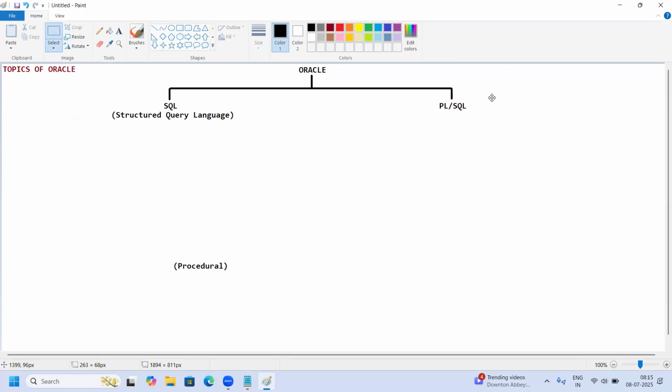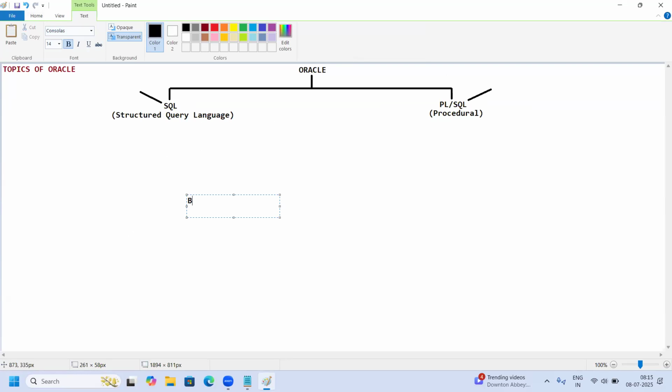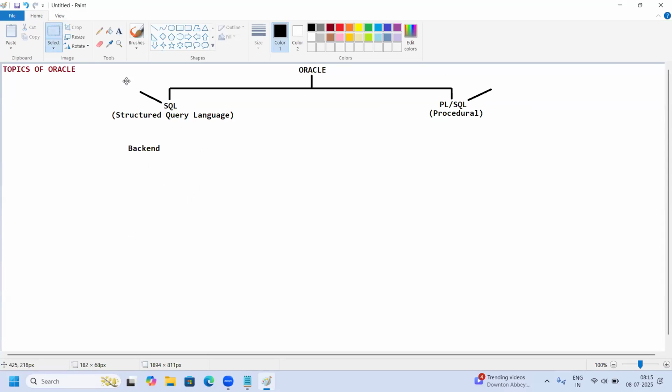Second is PL/SQL, that is procedural SQL. Two things. And remember, whether it is SQL or PL/SQL, both these modules in Oracle are considered to be a backend. SQL is also backend and PL/SQL is also backend.